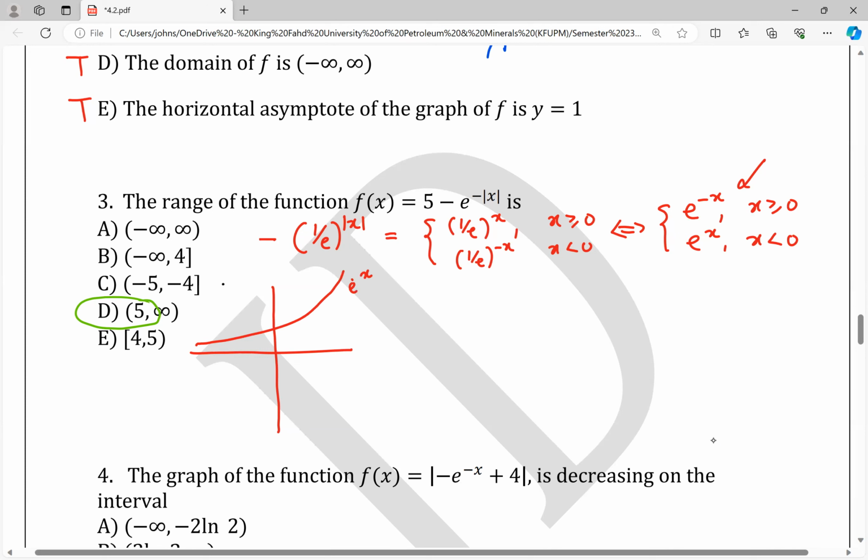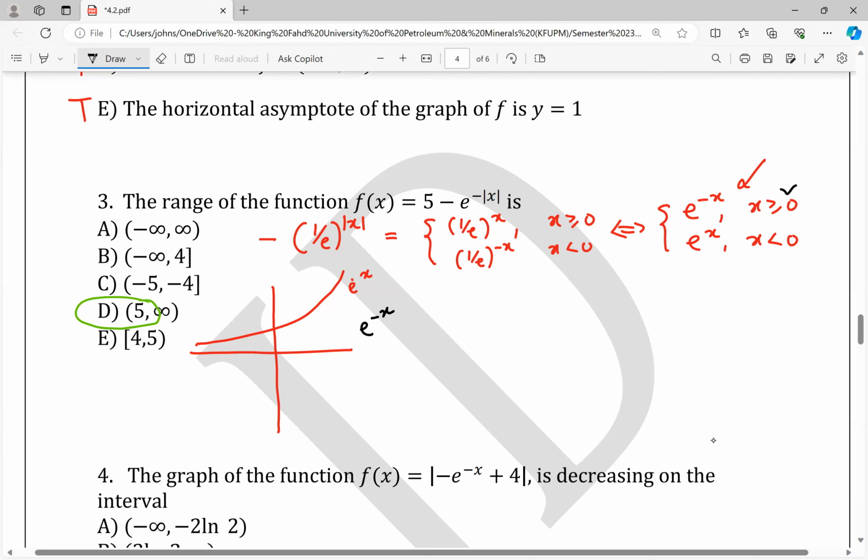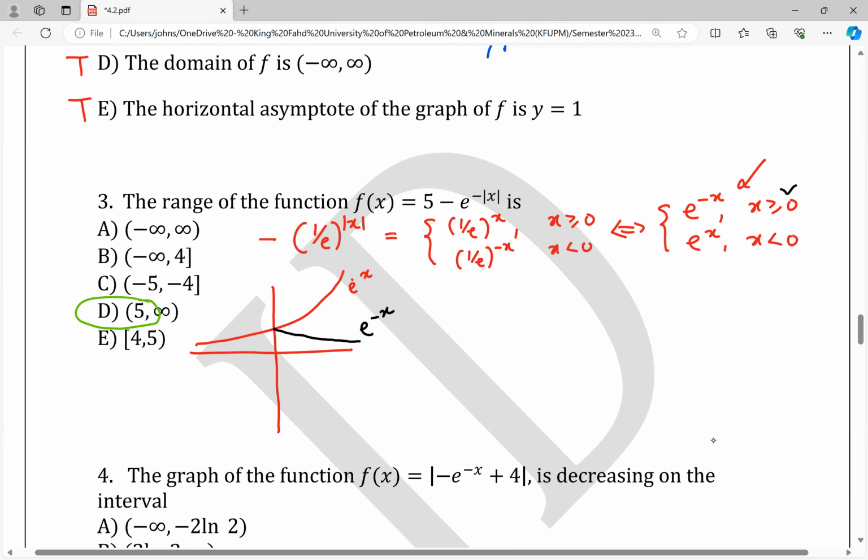So the black one is e to power minus x. But we need e to power minus x when x is greater than or equal to 0. So for e to power minus x, it means you're going to take only the positive side, right? So it means we have to delete this side. So it will just be from here going. Then for e to power x, x is less than 0, so we take the negative side.